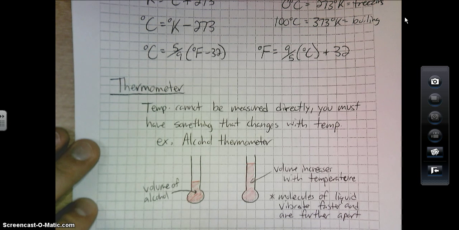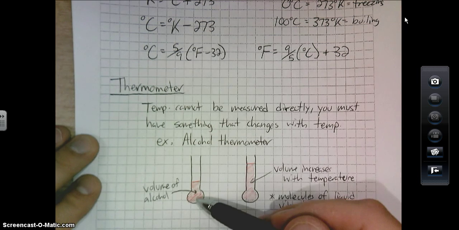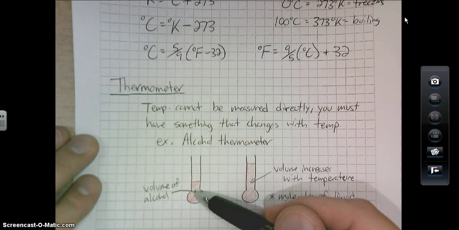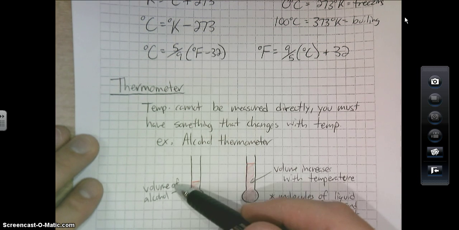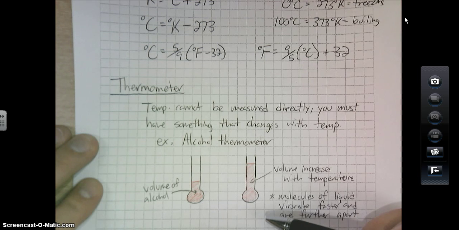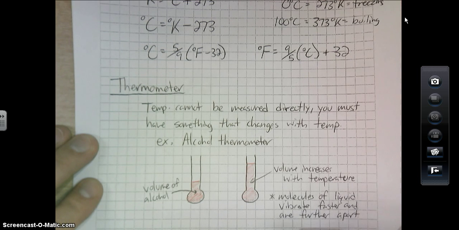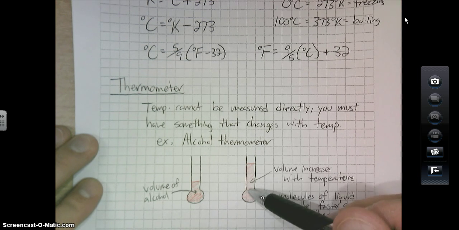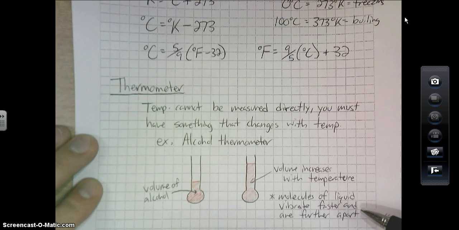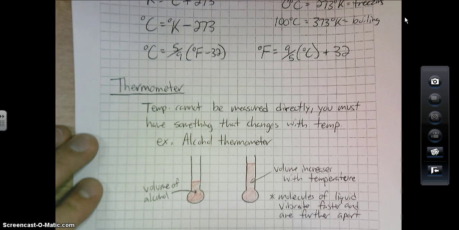If you look at any alcohol thermometer, there's a certain volume of liquid at the bottom, a volume of alcohol, and as it heats up, the volume increases because the molecules of that liquid are moving faster and faster, and they get further and further apart.